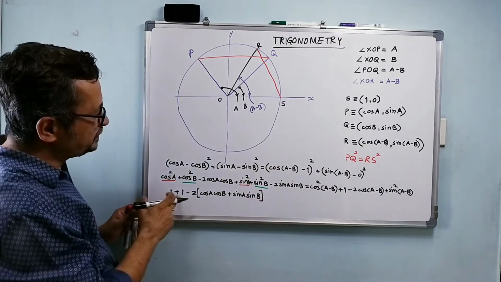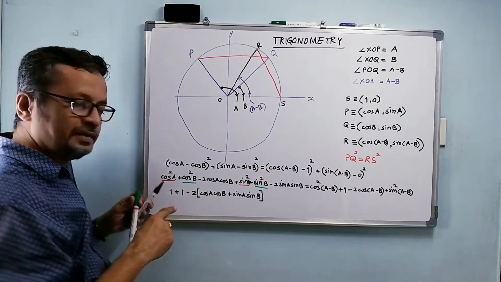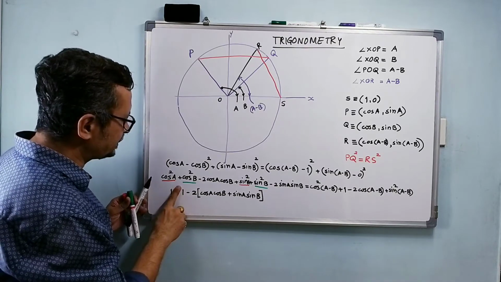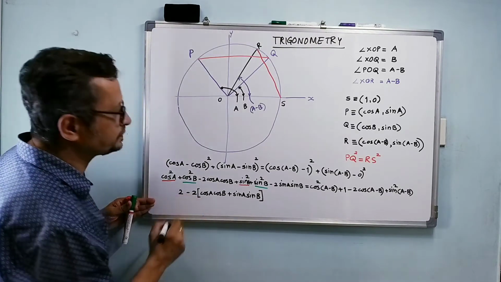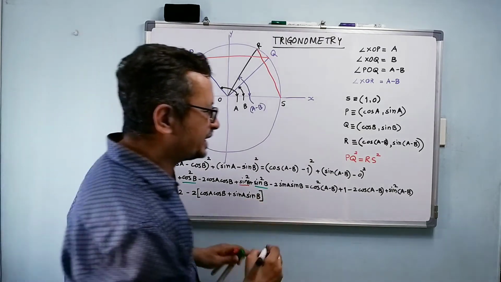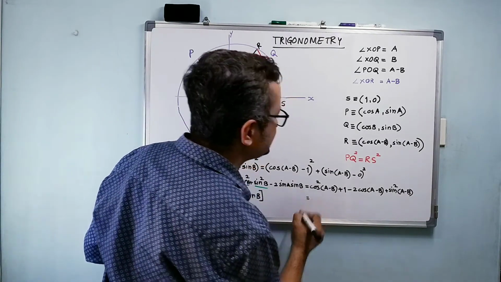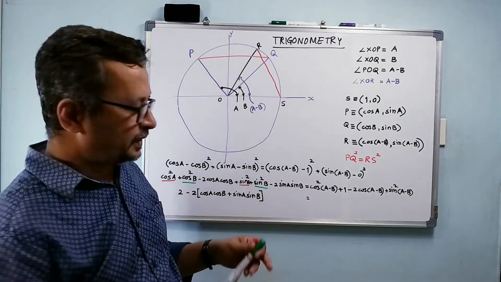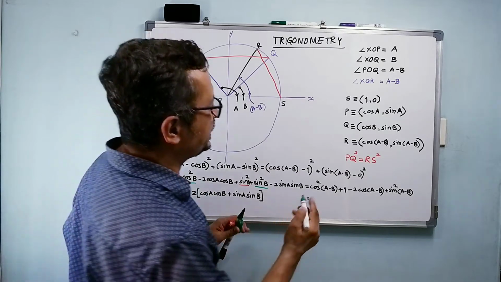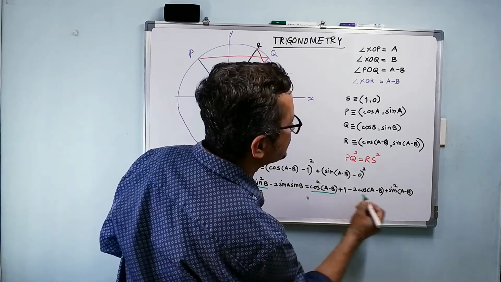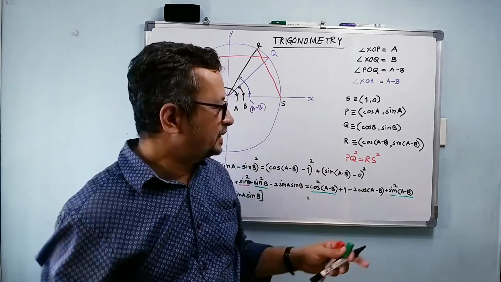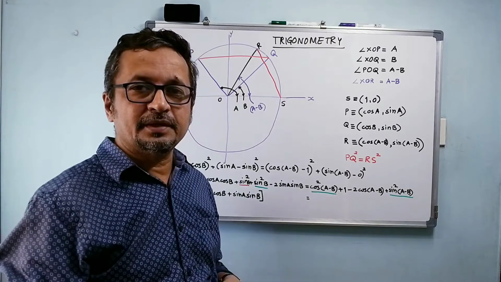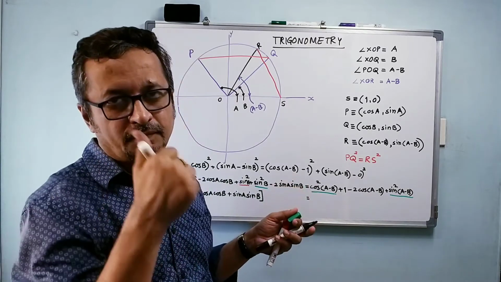Now here, instead of writing 1 plus 1, I'll write 2 here, correct? Now what is my right hand side here? My right hand side is equal to, if I take this and this, cos square (A minus B) plus sin square (A minus B) is equal to 1.